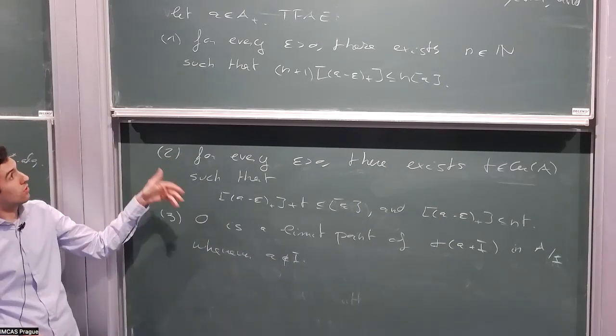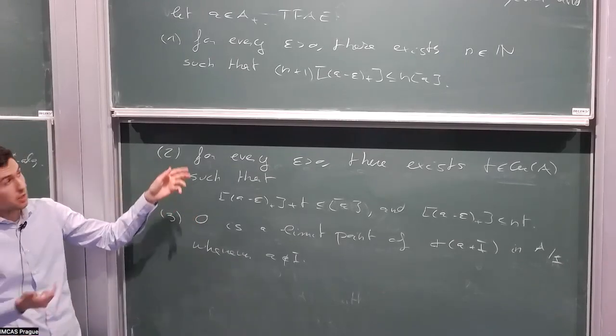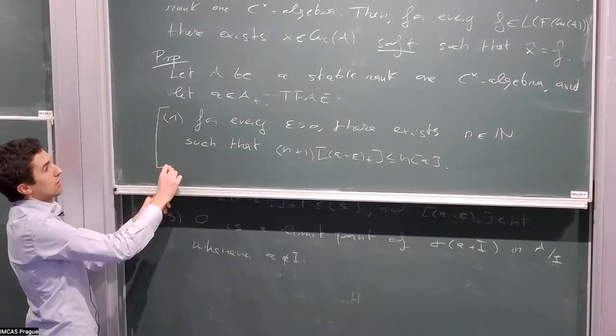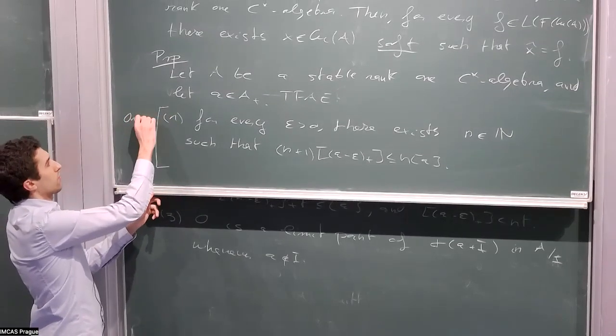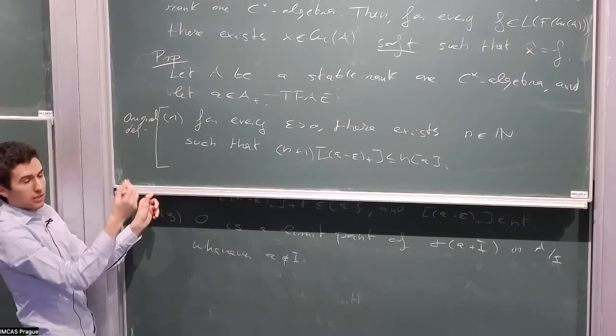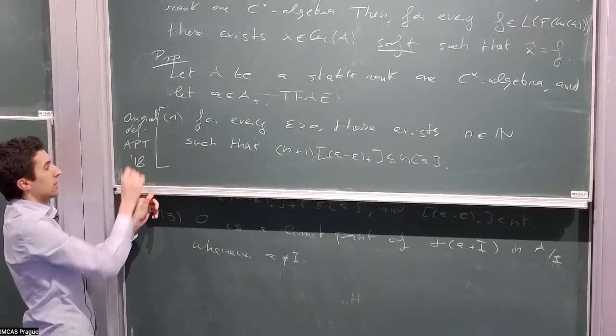And you can take any of these to be the definition of softness as defined 5 years ago. Mainly, the actual definition of softness, as it was stated, is this one. So this is the original definition of softness, and this is due to Antoine Pereira and Thiel from 2018.